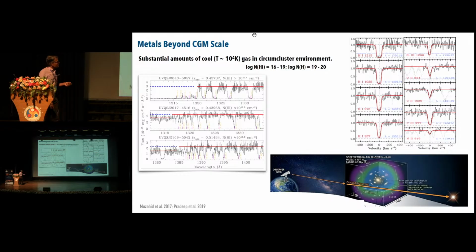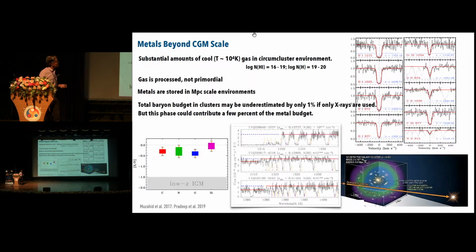In this study we looked at lines of sight to background quasars that pass through the outskirts of galaxy clusters, and we found that at the outskirts there are large reservoirs of neutral cool gas, which is not traced by X-ray observations. So X-ray observations will not reveal this gas. This gas also has a substantial amount of metals in it. These are estimates of the metallicity present in the cluster outskirts. So this shows that cluster outskirts have large reservoirs of gas.